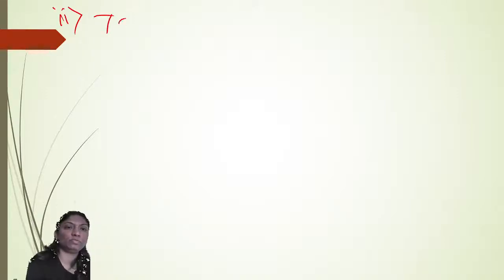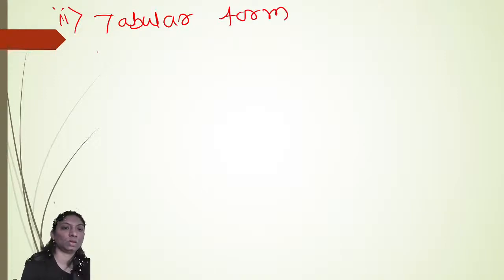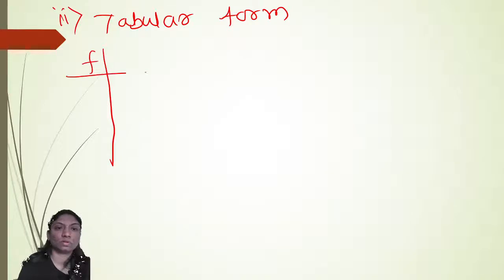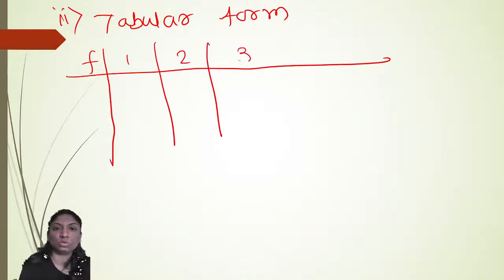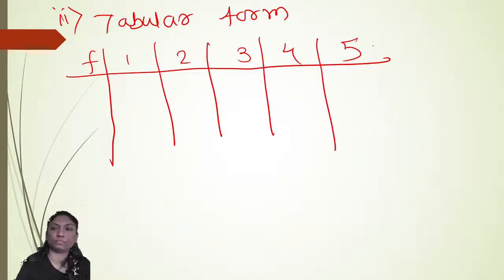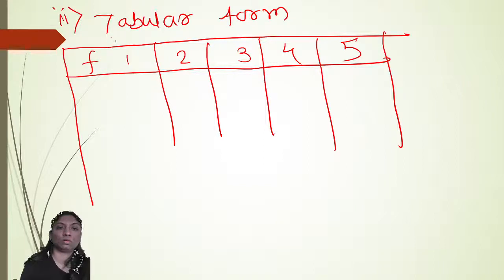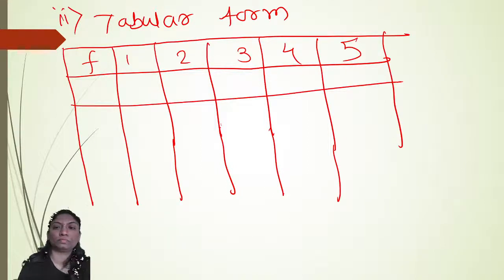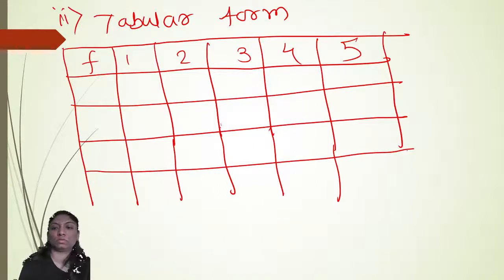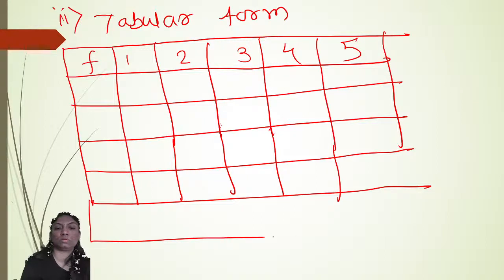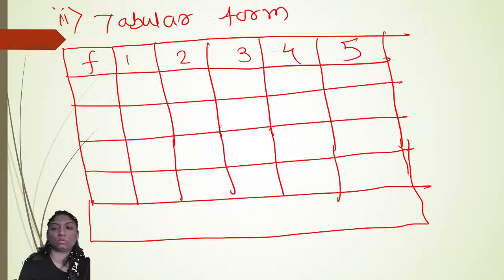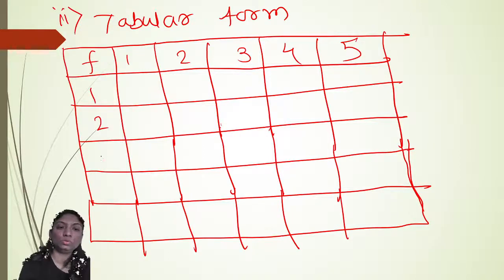And next is tabular form. In tabular form, that we can see F, 1, 2, 3, 4, 5.